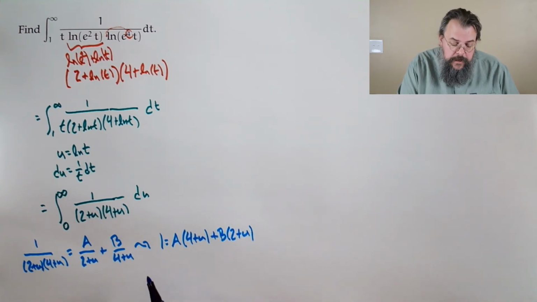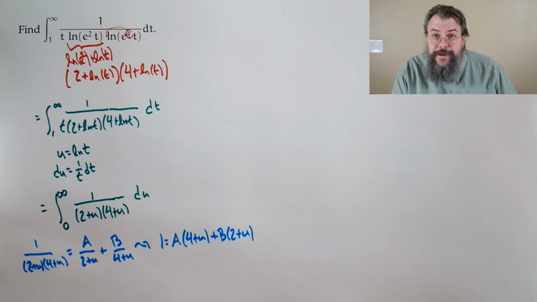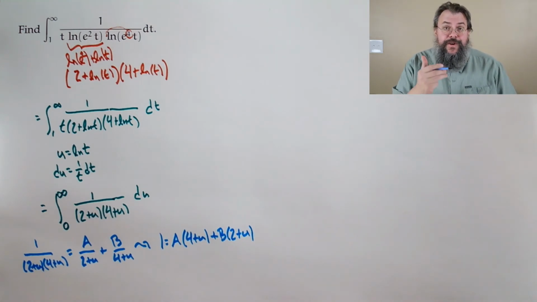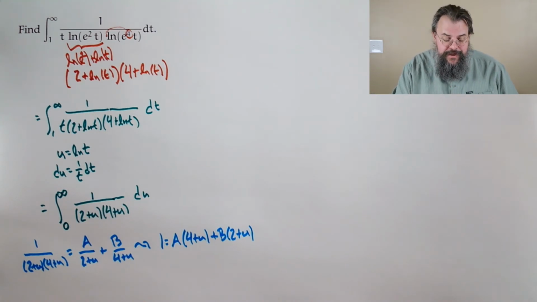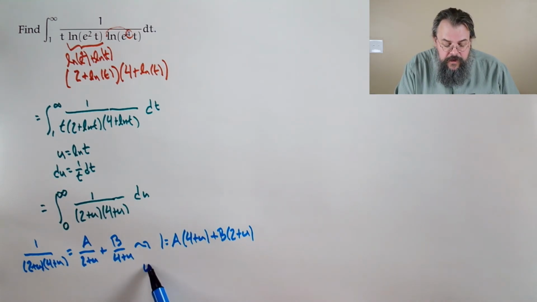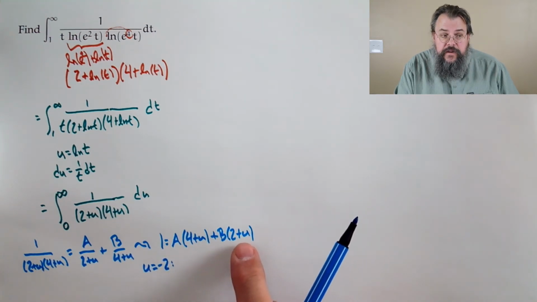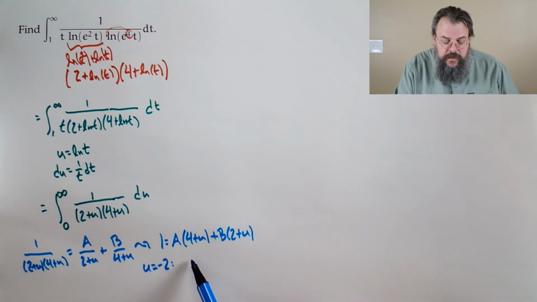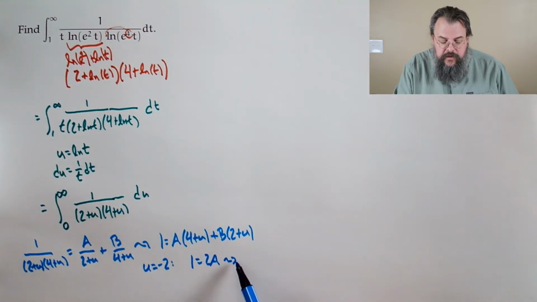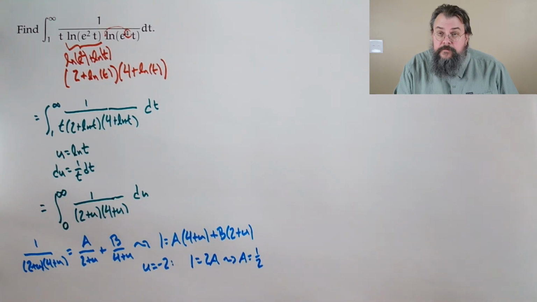Choose wisely. A good choice brings you closer to the answer, a bad choice takes us further from it. In our case, u equals negative 2 is a great choice, right? Because that would knock out the second term. So we get 1 is equal to 2A. That says A should be a half.